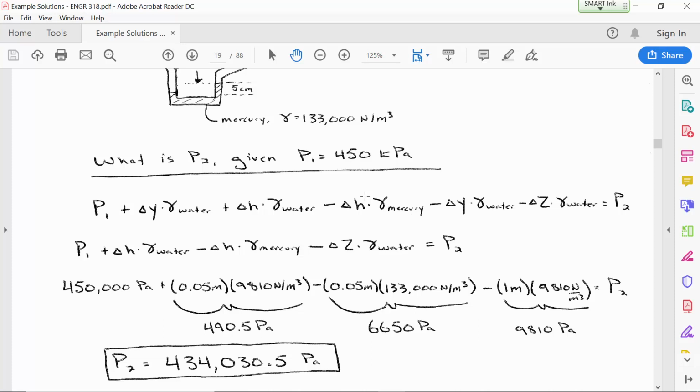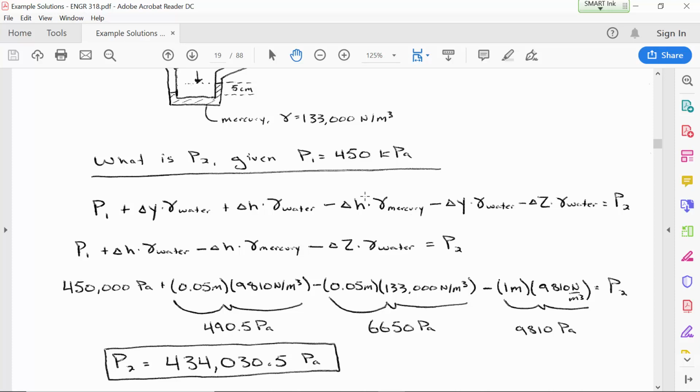So then we're subtracting 6650 pascals. And then finally we're going up 1 meter of net elevation between 1 and 2. And that's because the pipe itself was inclined. And so that remaining 1 meter was how much the pressure changes just by virtue of the fact that the right side of the pipe is higher because it's inclined.